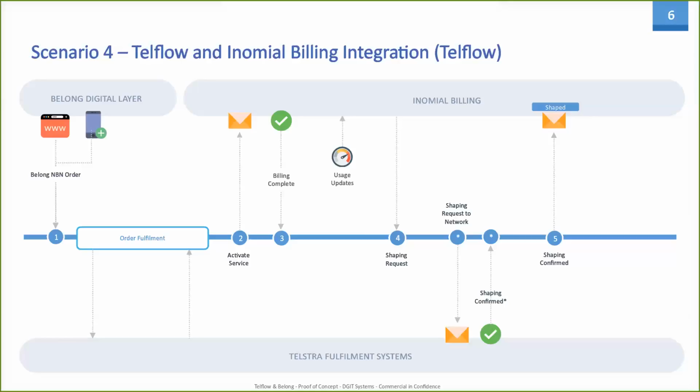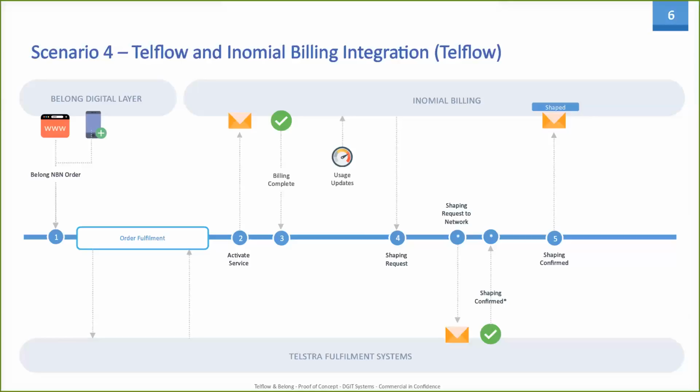The way we're going to simulate that is we're going to set up a billing run for that particular service that we've just ordered, and then backdate the due date for the invoice, and that will immediately put them into breach and initiate a shape request down to Telflow. So that's how we're going to go about initiating the shaping request from Inomial to Telflow. Any questions?